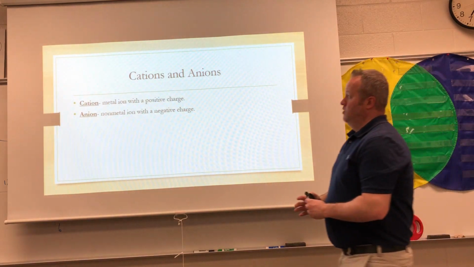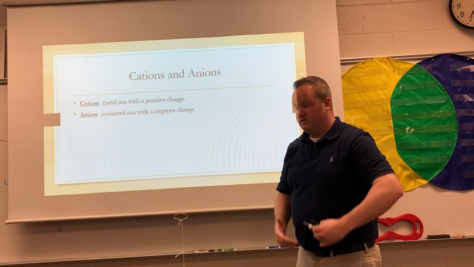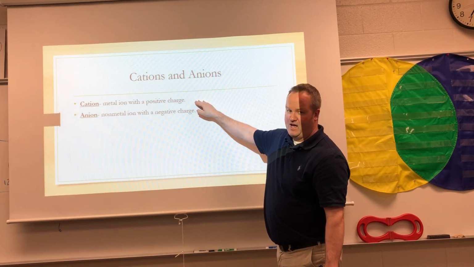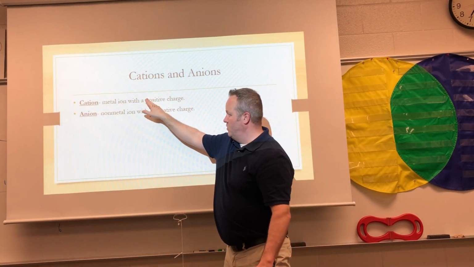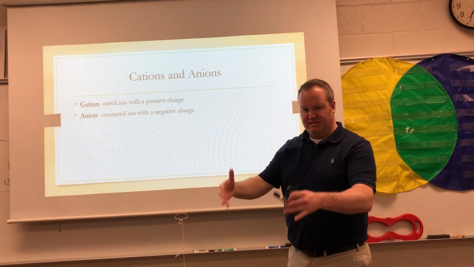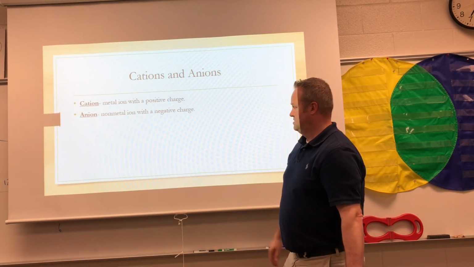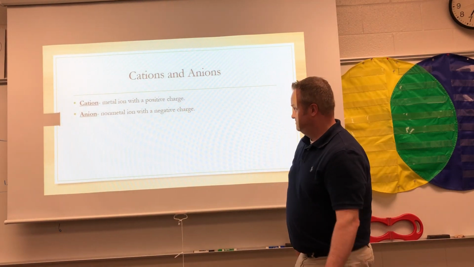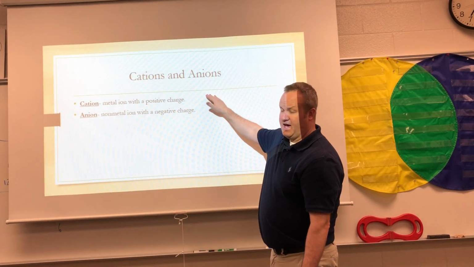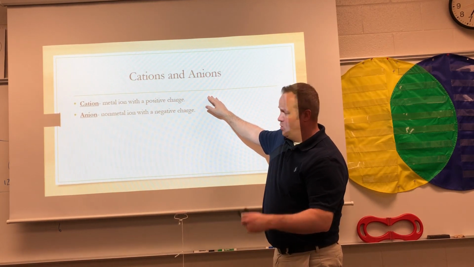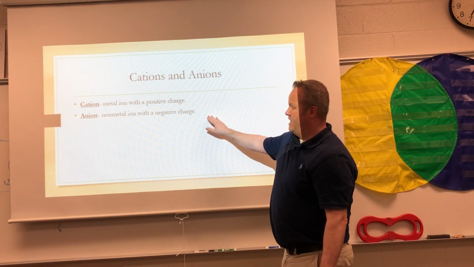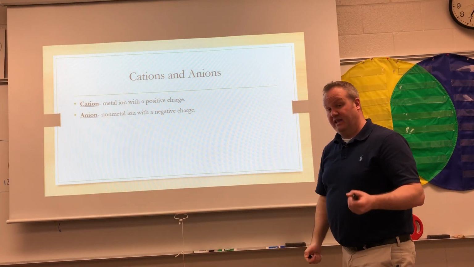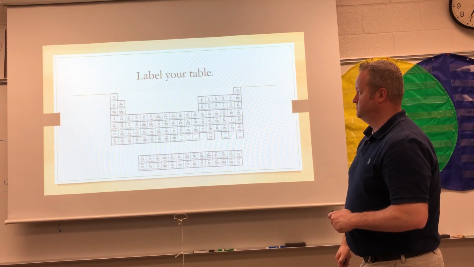So again, remember that metals give, nonmetals take, and when a metal gives away electrons, we call it a cation, C-A-T-I-O-N. A nonmetal that has taken on additional electrons is known as an anion, A-N-I-O-N. Cations are going to be positive because they're giving away electrons, and anions are going to be negative because they're taking on additional electrons, and electrons themselves are negative.